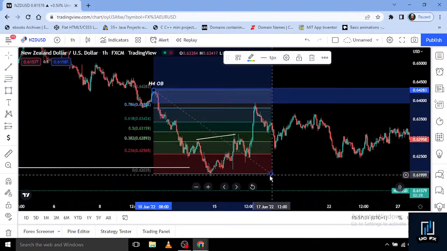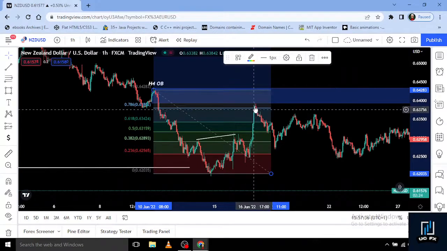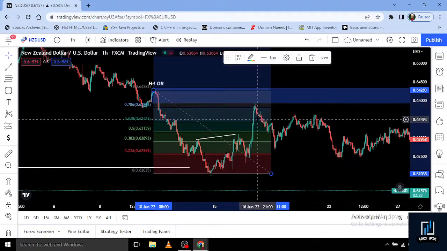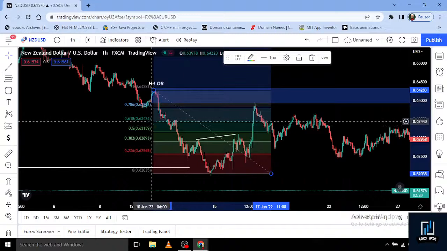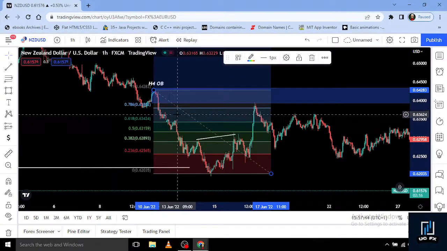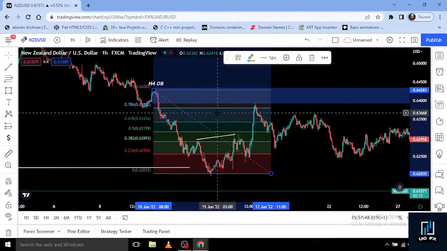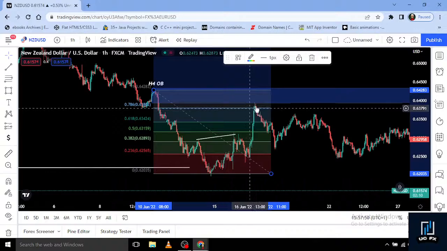As you can see, price nicely came to our discount levels, which are the 0.618 of the fib and 0.786. So whenever price comes into this area, you need to start looking for either sells or buys. Here price tapped nicely into our discount level, the 0.786 of the fib level.